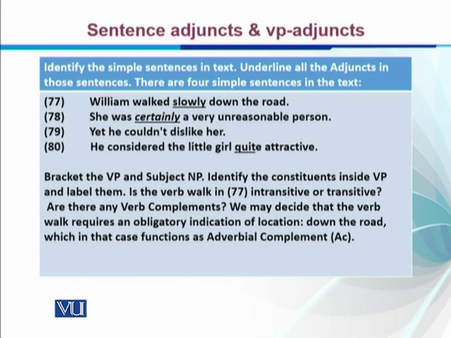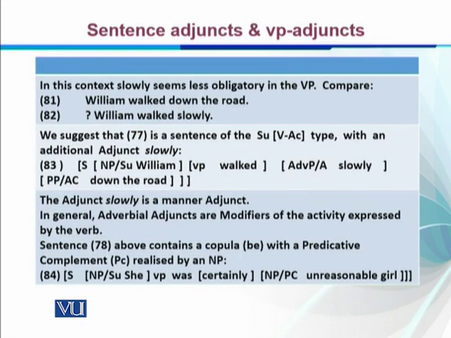In this context, slowly seems less obligatory in the VP. For example, we can say William walked down the road. Walk down the road is directional. That adjunct seems more important than in William walked slowly, because if we omit slowly, we can still have a meaning, but down the road is more important.